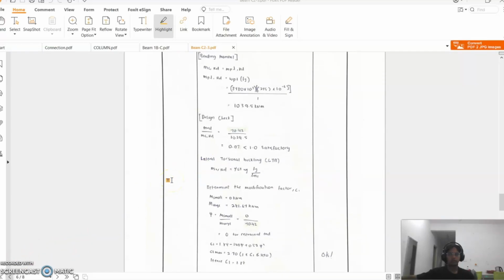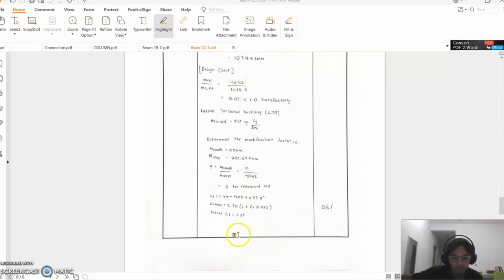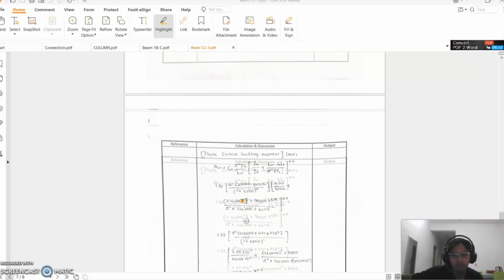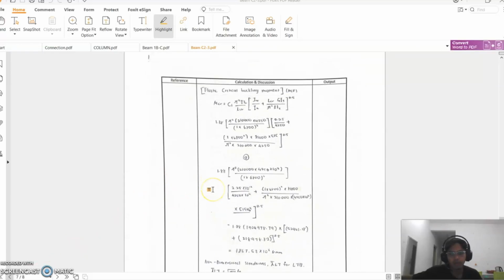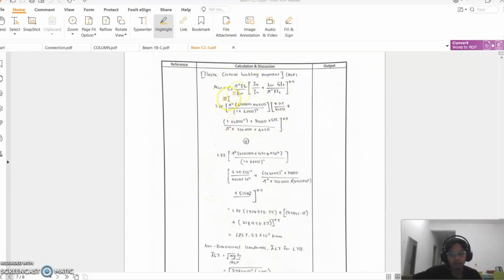Next, lateral torsional buckling, LTB. Because of M small is 0 kN, the value of C1 is 1.88. 1.8 is okay. Next, we go to the Mcr. For the Mcr, the most of the value we need to check. We need to follow the universal beam standard that is given.